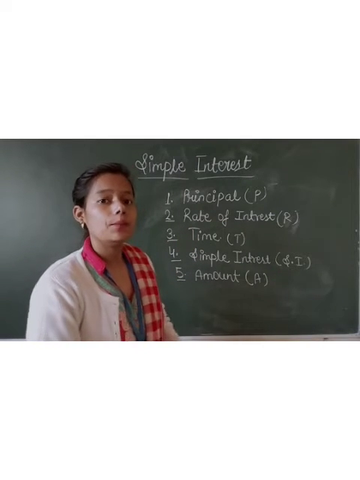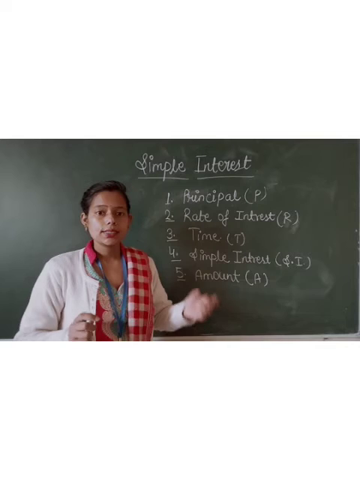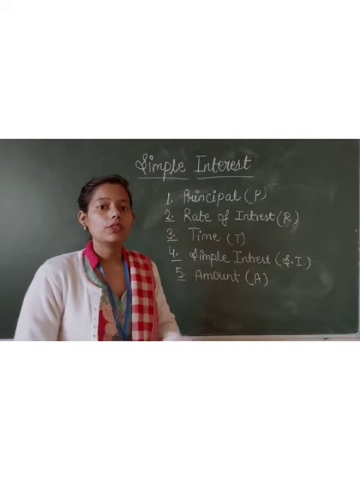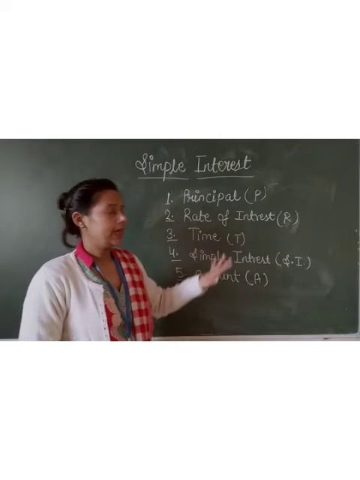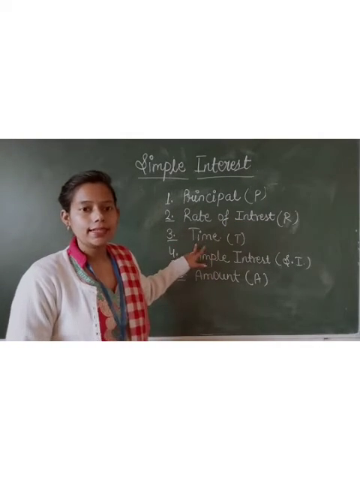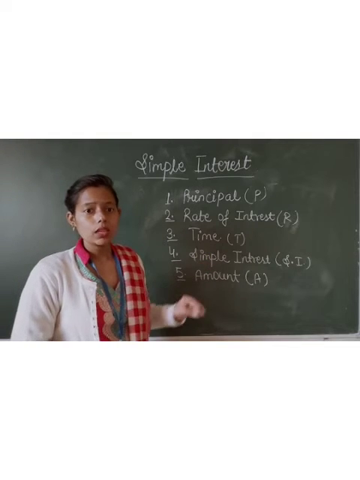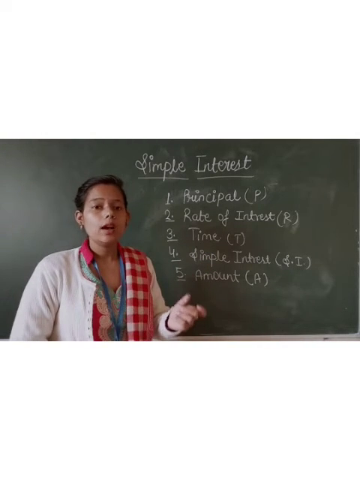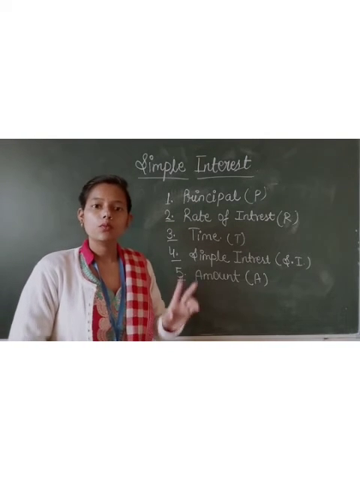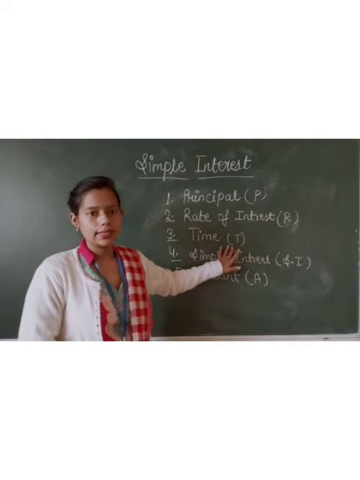Students, when we borrow the money, it is borrowed at a fixed rate of interest on the extra amount. It is called rate of interest, or we can say R. And third is time. We borrow the money for a fixed time, like 2 months, 2 years, 1 year. So it is called time.